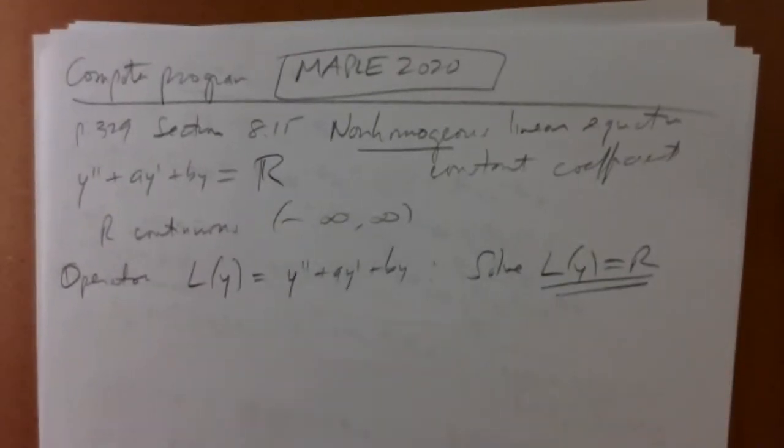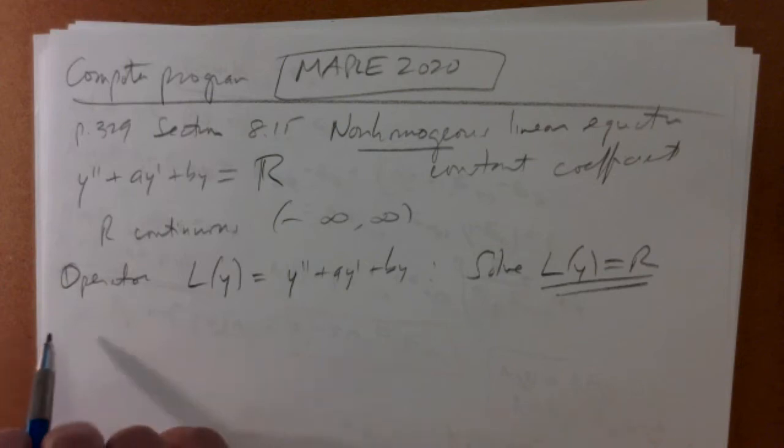It's a differential equation, an equation that involves a derivative. It involves derivatives just of x, so it's an ordinary differential equation, with constant coefficients.